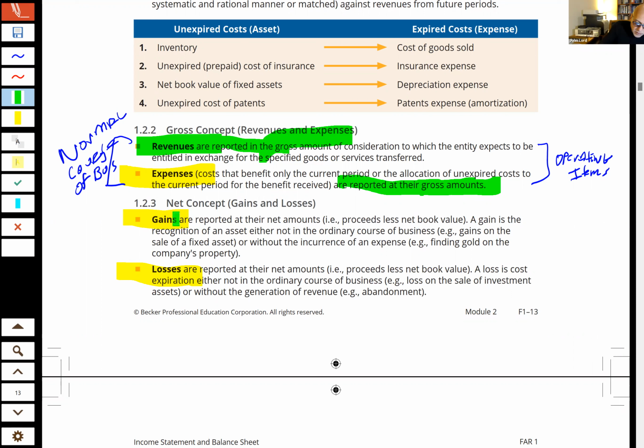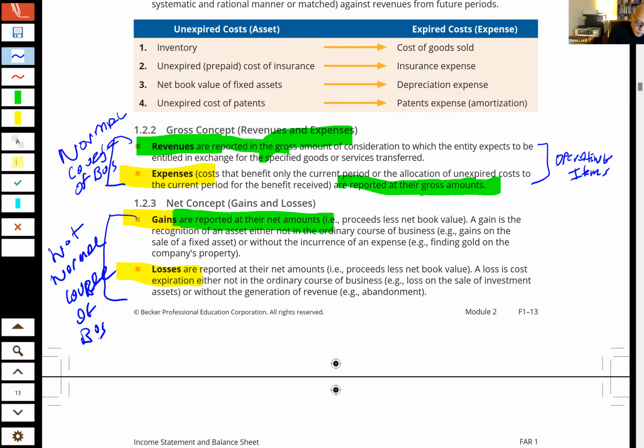Gains are reported at net amounts, okay? And gains and losses are not normal course of business.